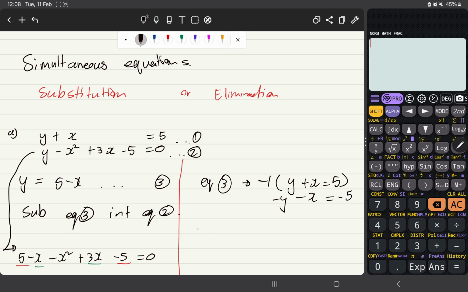So now you're going to add equation 2 plus equation 3, right?